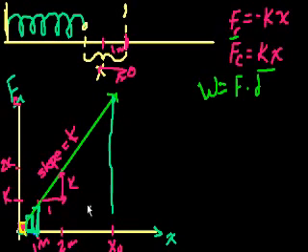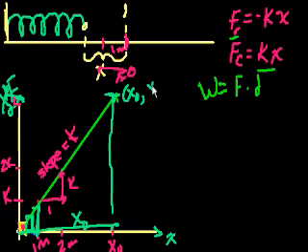And what's that area? Well, this is a triangle, so we just need to know the base and the height, and multiply it times 1/2, right? That's just the area of a triangle. So what's the base? This is just x naught. What's the height? Well, we know the slope is k, so this height is going to be x naught times k. So this point right here is x naught, and then x naught times k.